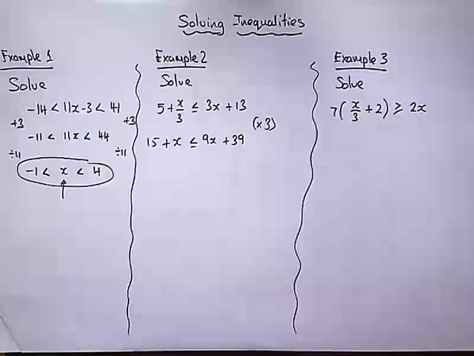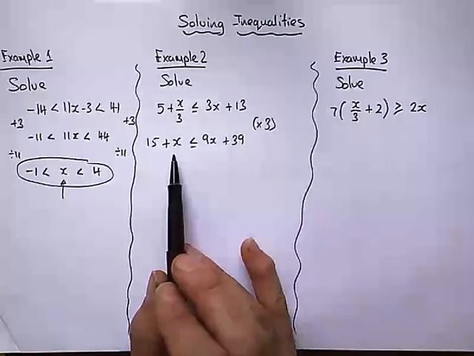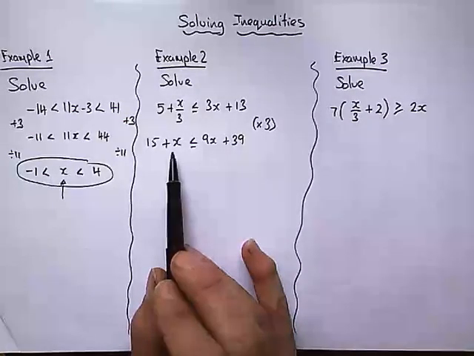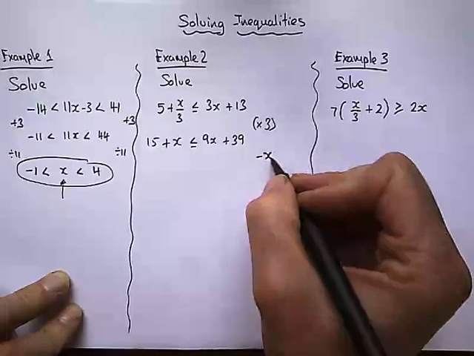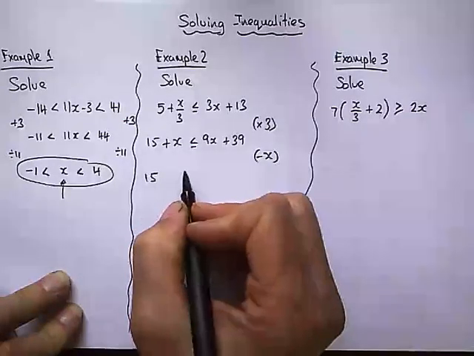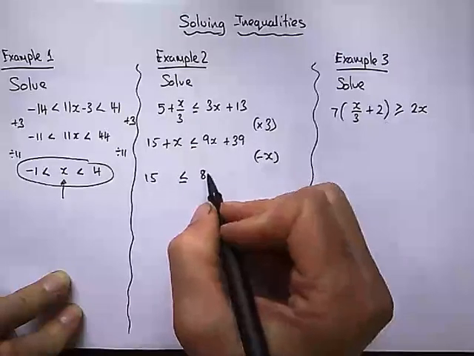So we've got a slightly simpler equation now. I've got x's on both sides, so I need to cancel out the smallest amount of x. So I'm going to subtract x from both sides. I get left with 15 is less than or equal to, because the x cancels out, 8x plus 39.